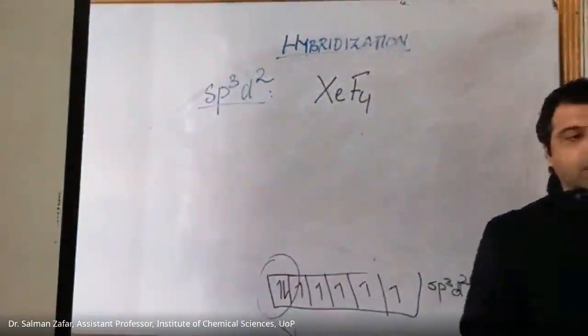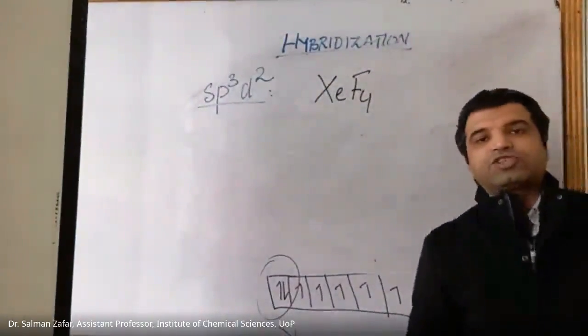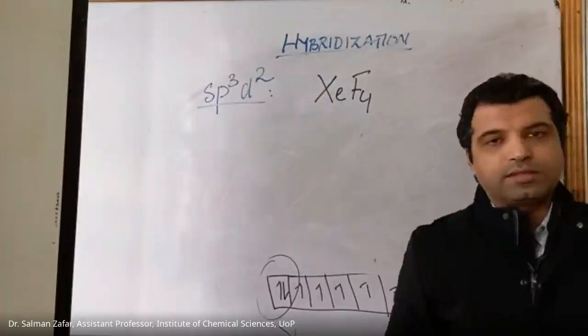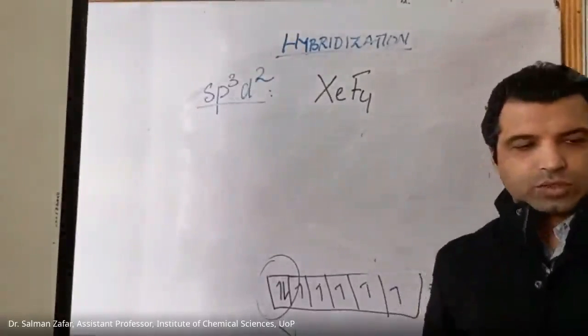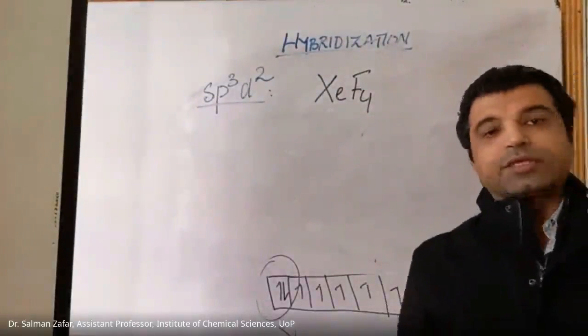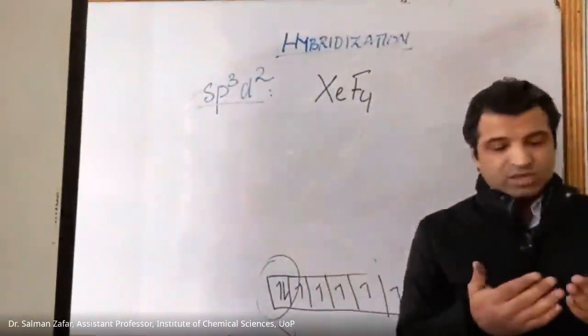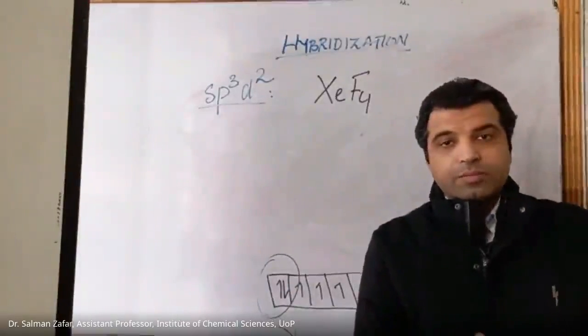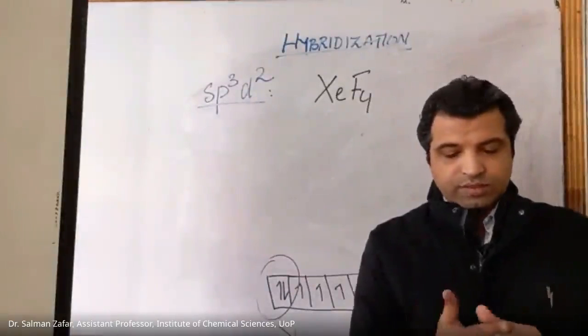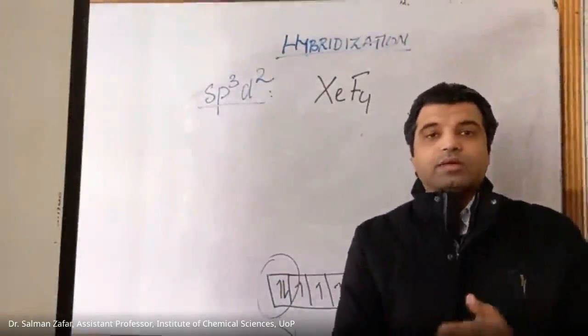We have xenon tetrafluoride. Now this is interesting. Normally we say that the noble gases, those that belong to group 8, do not form bonds, but actually some molecules have even been synthesized, or they have been seen.